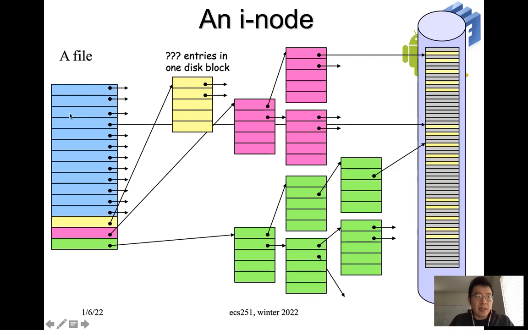So we have the first 12 blocks plus this 512 blocks, and that's the file size that the single indirection can handle.